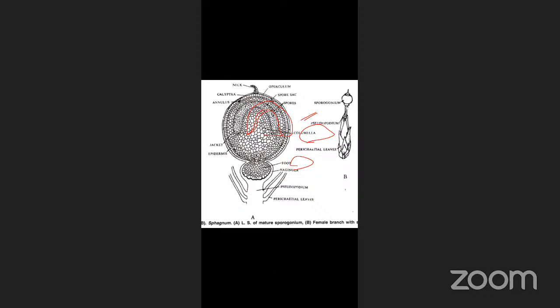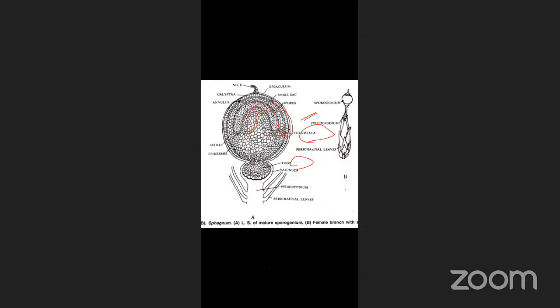In the same way, Sphagnum also consists of chlorophyll, so it can also prepare food material like Anthoceros. Both are independent, but not completely. Partially independent.